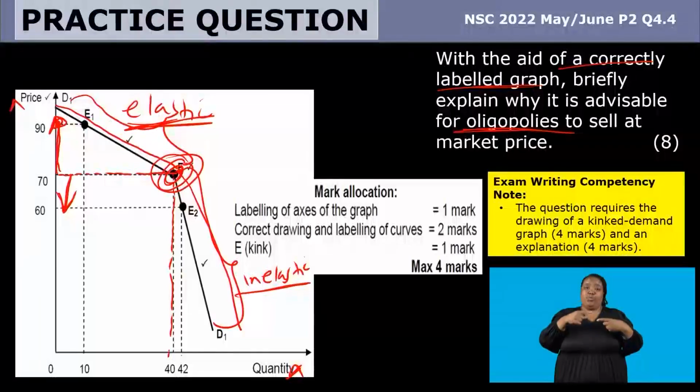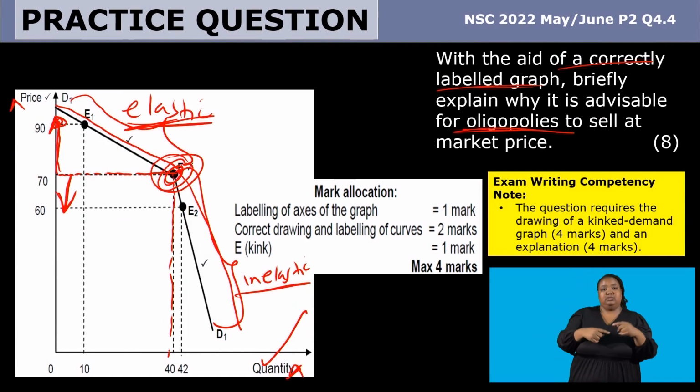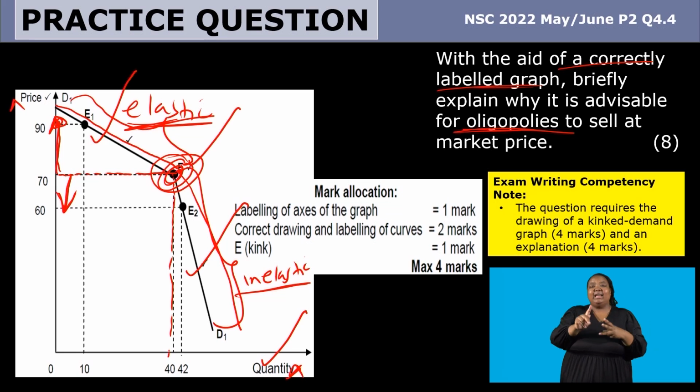So you are going to get your marks: 1 mark for labeling of the axis, another 2 marks for correct drawing and labeling of the curves. That is 1 mark for the elastic part and 1 mark for the inelastic part. And the other mark, you get it for the kink.